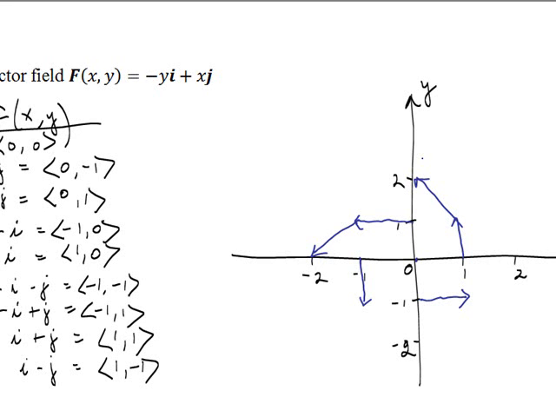At 1, negative 1, you need to draw the vector 1, 1, so you're going to do that. At negative 1, negative 1, you need to draw the vector 1, negative 1, so you do that.